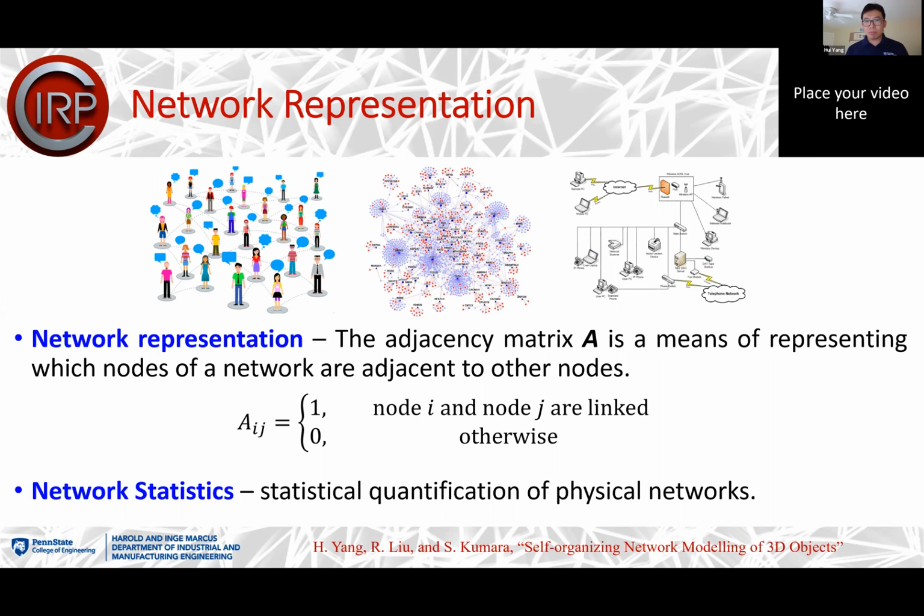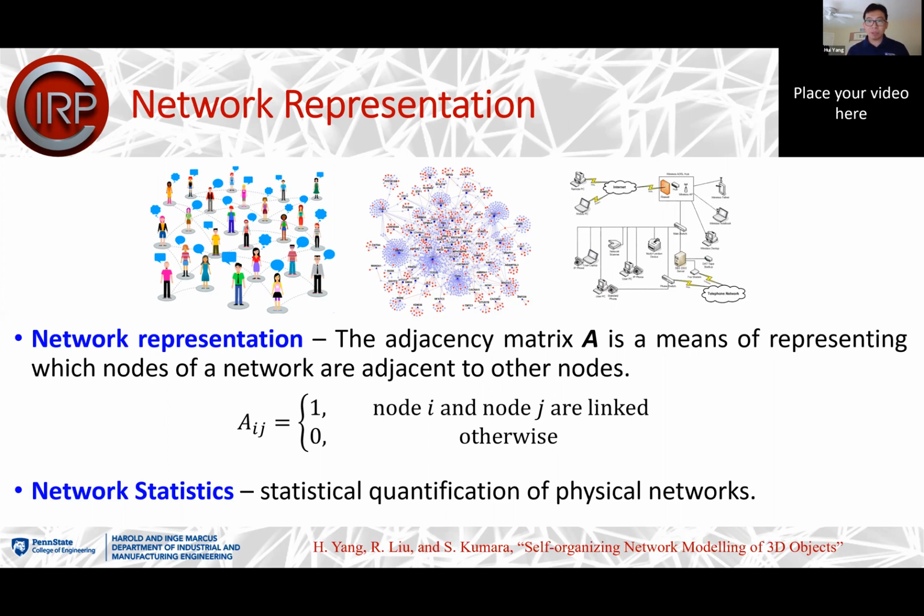In network representation, we use the adjacency matrix A to represent how nodes are connected to each other in the network. If two nodes, for example node i and j, are linked, then the corresponding adjacency matrix element Aij will be 1, or 0 if they are not linked.